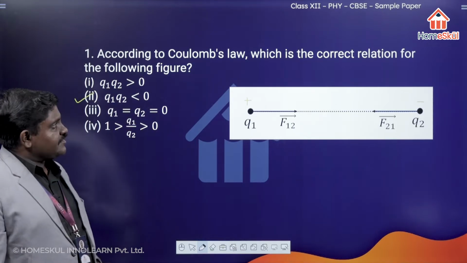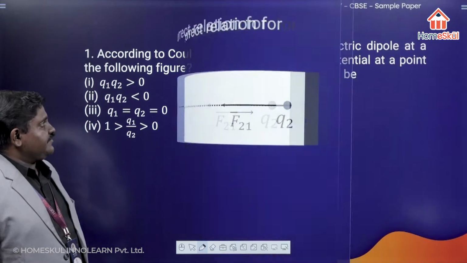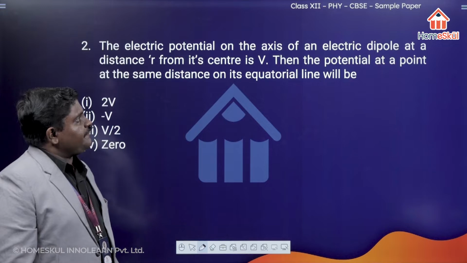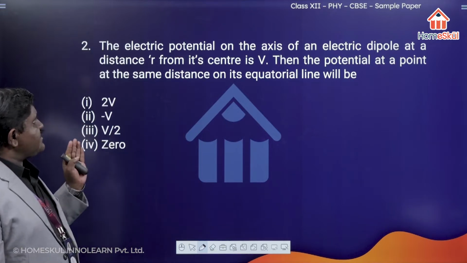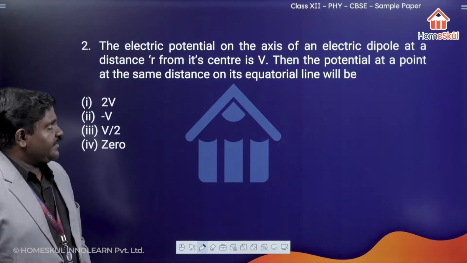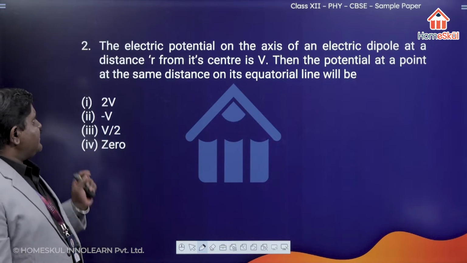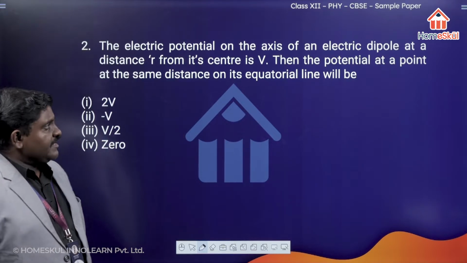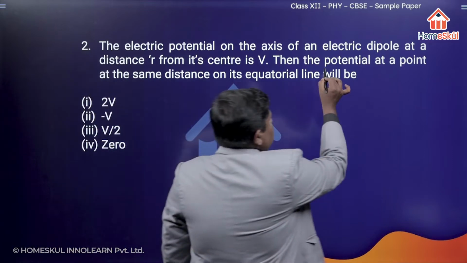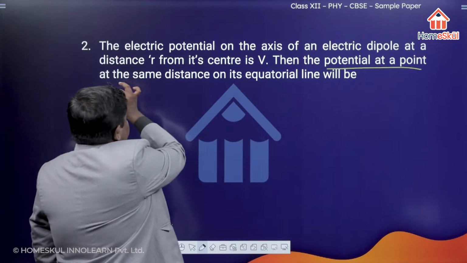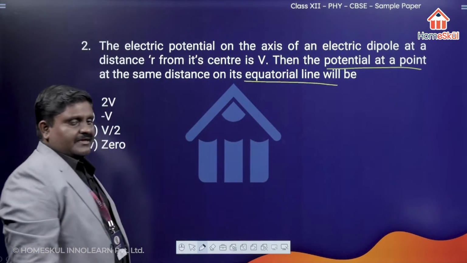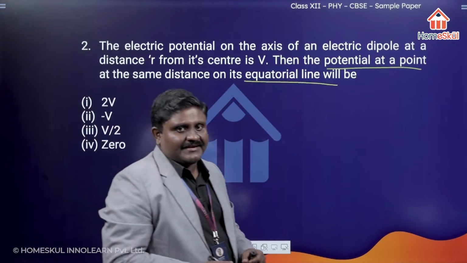Second question. The electric potential on the axis of an electric dipole at a distance r from its center is V. Then the potential at the same distance on its equatorial line will be? Here we have to find the potential at a point at the same distance on the equatorial line. We already learned this in the theory classes.